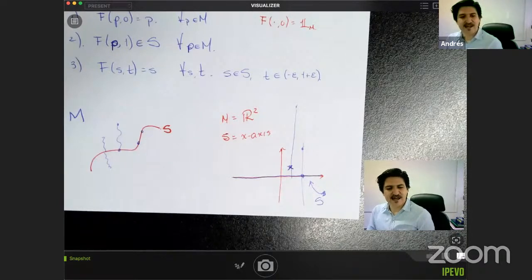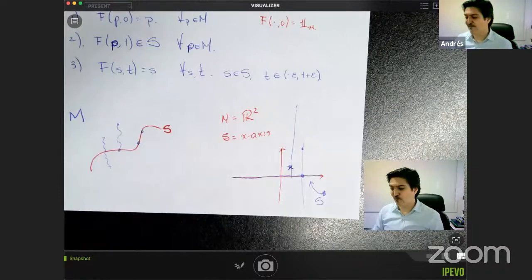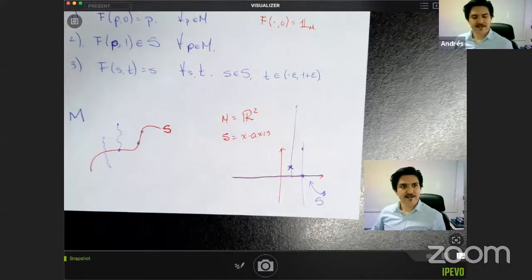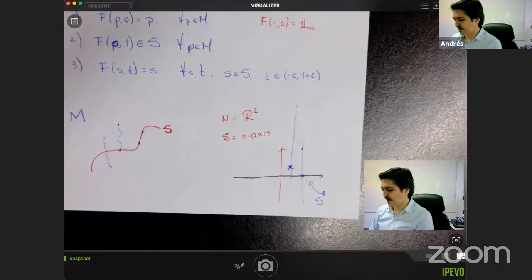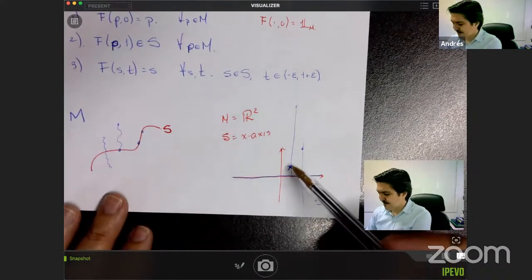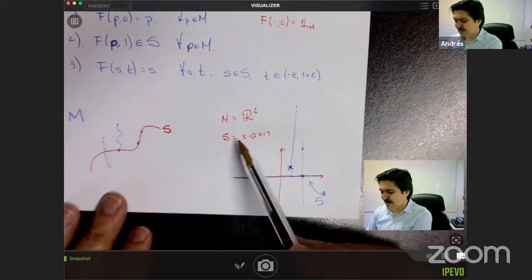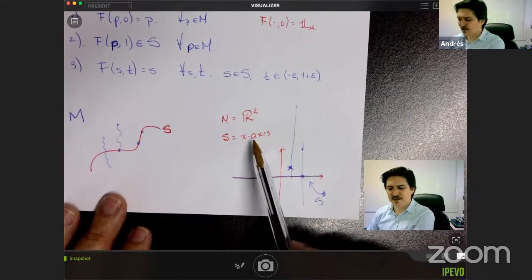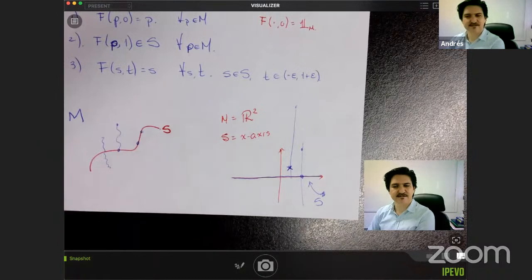The x-axis is not a deformation retraction of the punctured plane. That would be false. And the way to argue that is through cohomology. What is the cohomology of S, the x-axis?